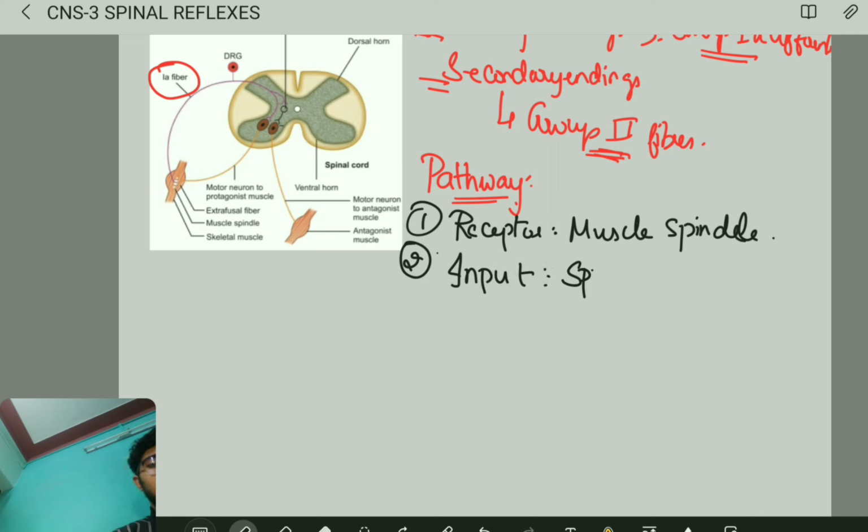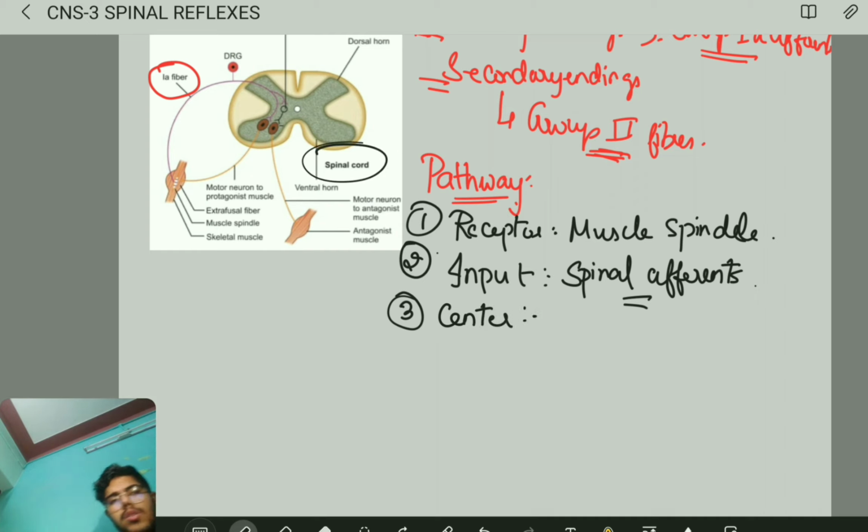These are your spinal afferents, because an intact nerve supply should be there. That is your input, spinal afferents. Next important thing: what is the center? The spinal cord. So your spinal cord comes into role.